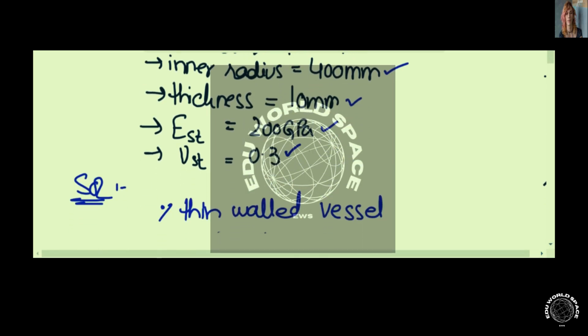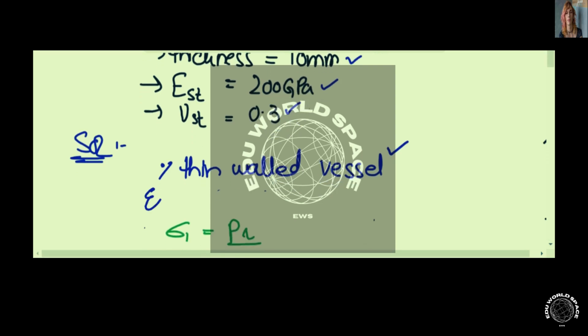Now, the solution says that we are dealing with a thin walled vessel, and as it is a thin walled vessel, we can just choose step number 8, which states that the two stresses applied to the cylinder are found by equations 8.1 and 8.2.